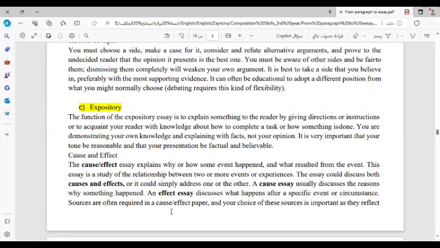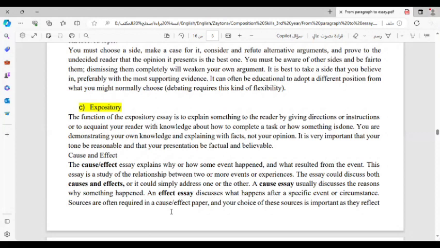For example, we might have a cause and effect essay, where we talk about the causes and effects of war in Syria. So we can talk about both of them, and also we can have only one of them. We can write an essay on the causes of war, where we focus on causes only.